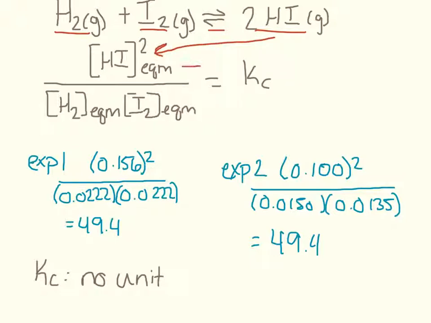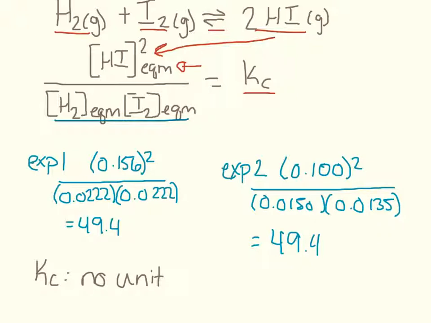I write eqm next to this just to tell you that the concentrations we put in these brackets are the concentrations at equilibrium, and this will come in later. Not the initial concentration, but when we're at equilibrium, because we are working with the equilibrium constant. Below, we have the reactants, and both of those concentrations at equilibrium. Because there's no coefficient in front of them, we do not need any exponents at this time.